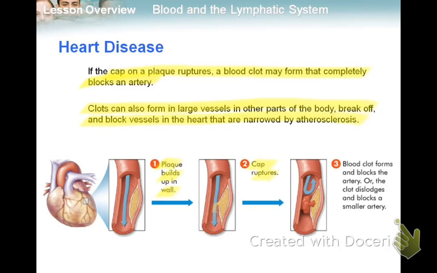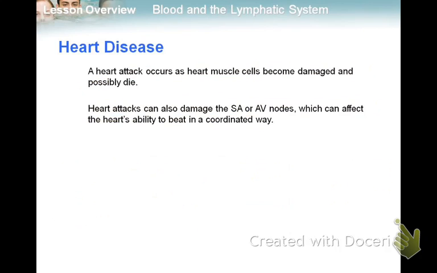The cap ruptures, a blood clot forms and blocks the artery, or the clot dislodges and blocks a smaller artery. A heart attack occurs as heart muscle cells become damaged and possibly die due to oxygen deprivation. Heart attacks can damage the SA or AV nodes, which affects the coordination of the heartbeat.